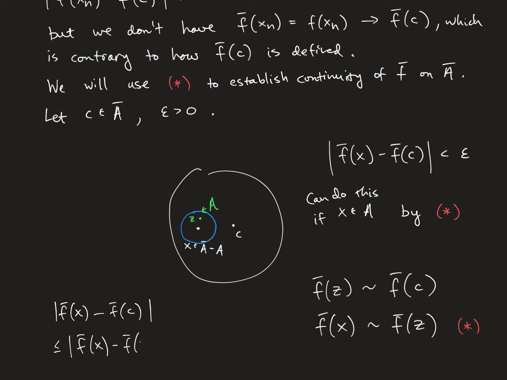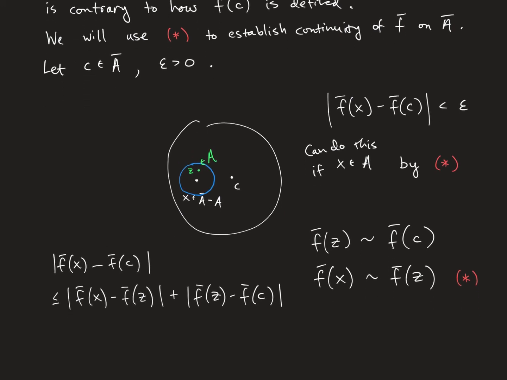So just insert F bar of Z in there. And so then to make this quantity less than epsilon, we just have to make each of those less than epsilon over 2. So ultimately what we need is this Z in A to be close enough to C to respond to an epsilon over 2 challenge in that star statement above, right?